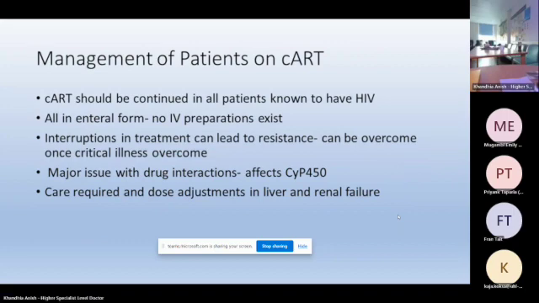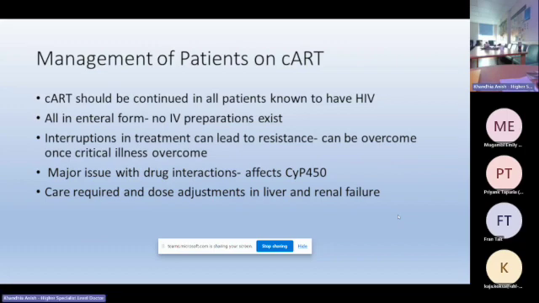Now, in terms of how patients are managed on antiretroviral therapy, as I mentioned before, we're seeing more patients coming in with chronic HIV on treatment than with real complications as a result of HIV. So antiretroviral therapy should be continued on all patients known to have HIV. The problem is that it's all in enteral form and there are no IV forms that exist at the moment.